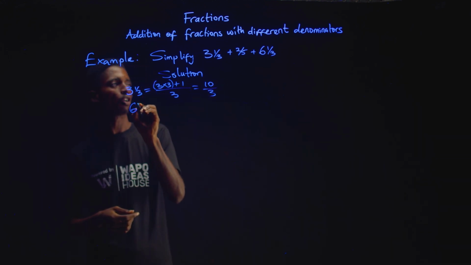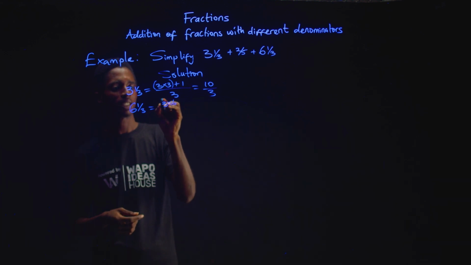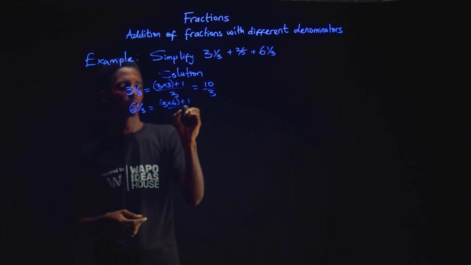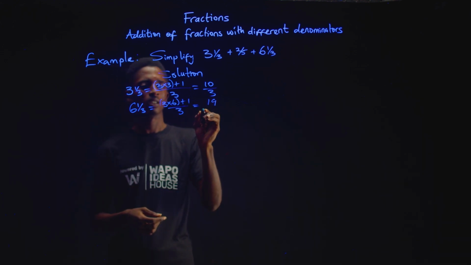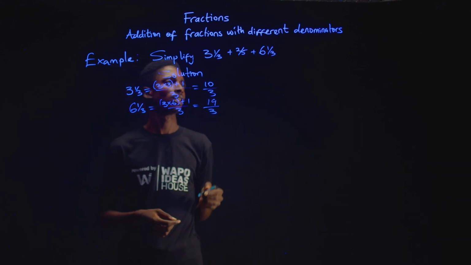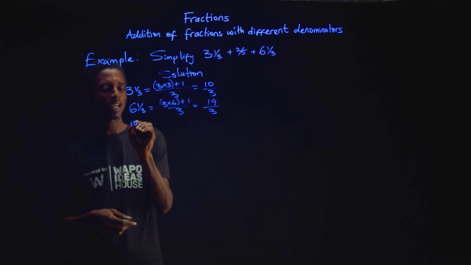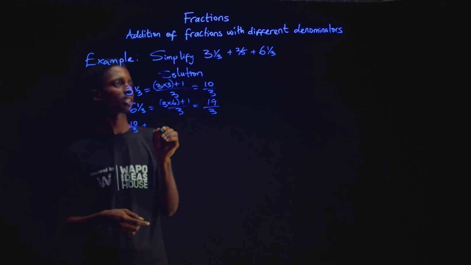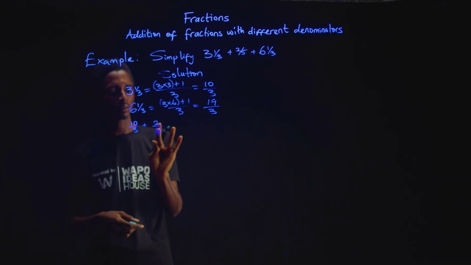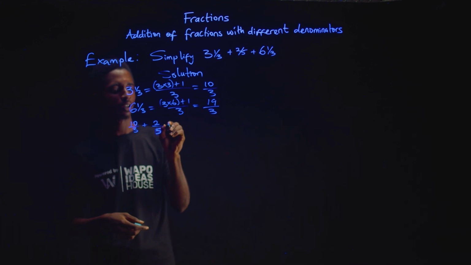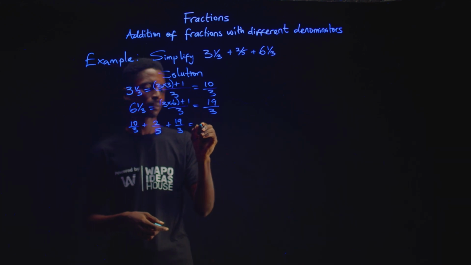And then 6 whole number 1 over 3 would become 3 times 6 plus 1 over 3, which is 19 over 3. So the fractions we are then adding become 10 over 3 plus 2 over 5 plus 19 over 3.